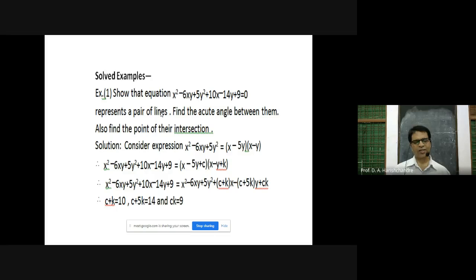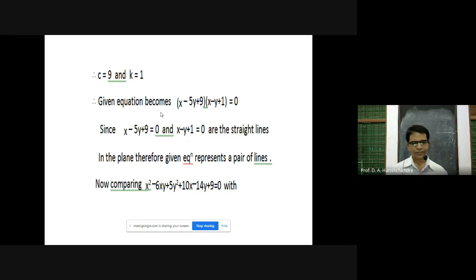Solving these equations, you can get the values of c and k. Let us determine them. Therefore c is equal to 9 and k is equal to 1. You can solve them, and ultimately you reach these values of c and k. Therefore the above equation becomes x minus 5y plus 9 into x minus y plus 1 is equal to 0.